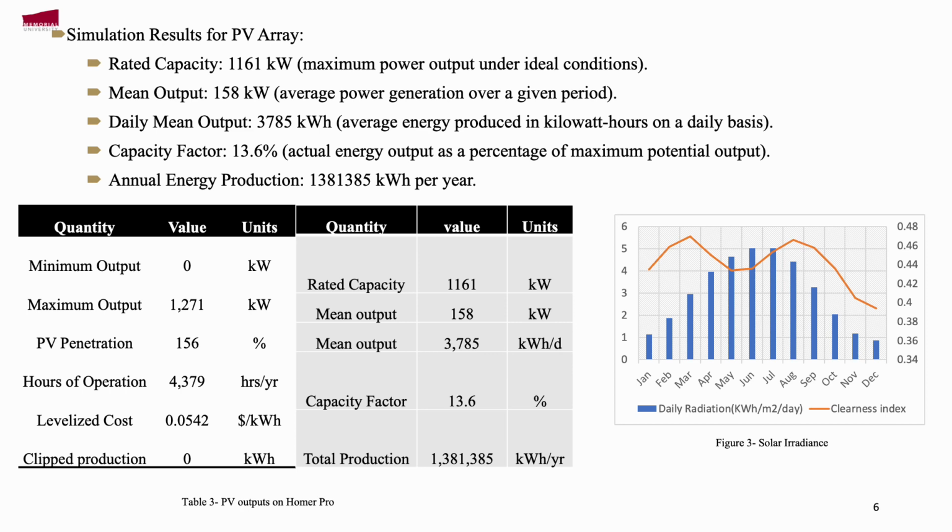The PV penetration was about 156%, and the hours of operation in the simulation are 4,379 hours per year. The levelized cost is $0.0542 per kilowatt hour. The clip production is 0 watts.